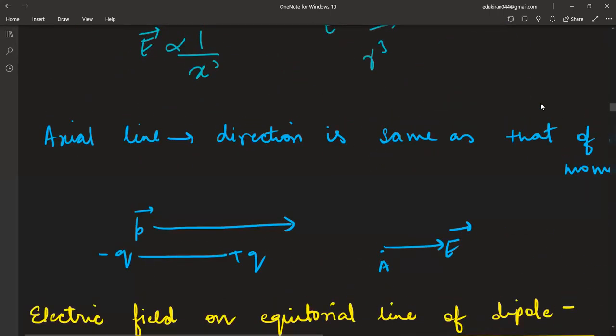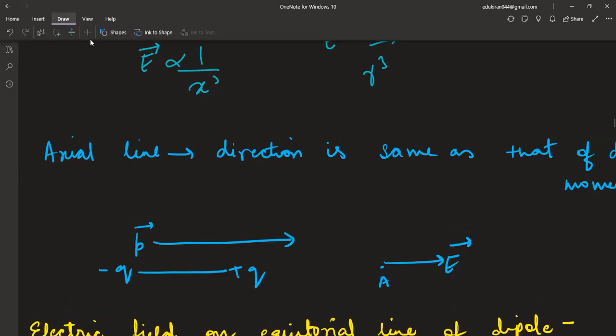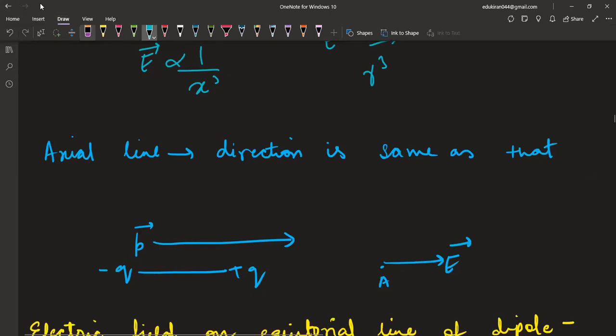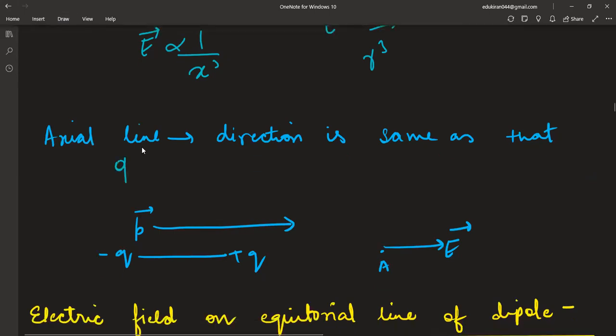One thing you should remember, that the direction of the electric field on the axial line is exactly the same as that of the dipole moment. See, if this is a negative charge, this is a positive charge.